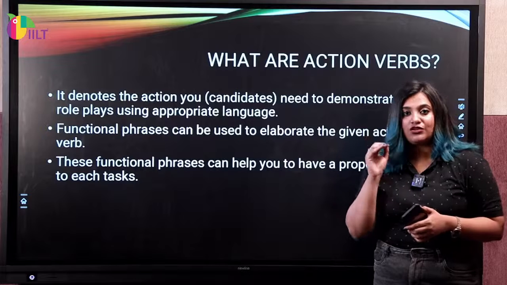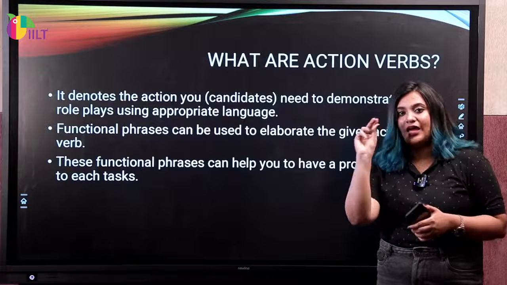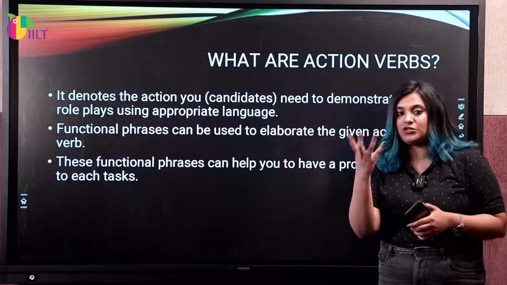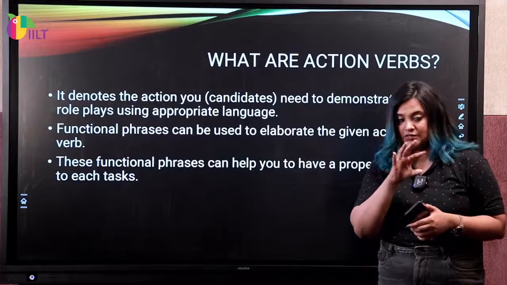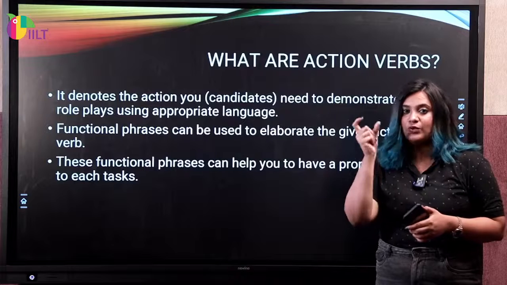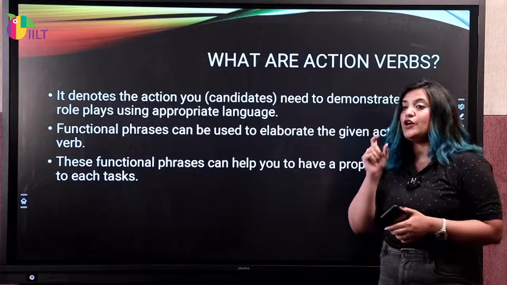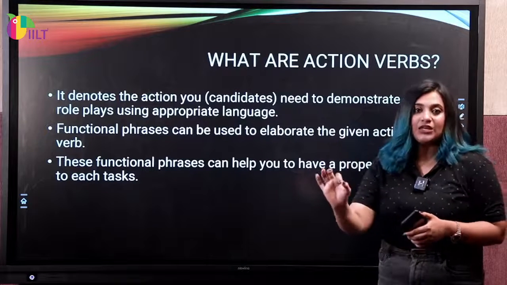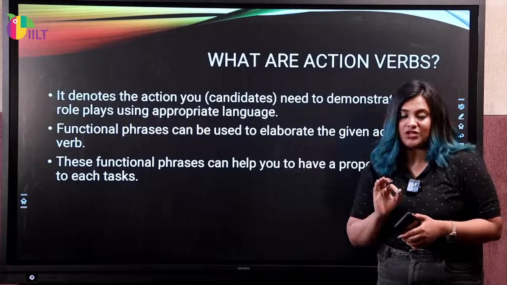If you have noticed, each task will start with an action verb, like find out, give, provide information. If you know a functional phrase to elaborate this point, you can have a smooth start for each of the tasks as well.